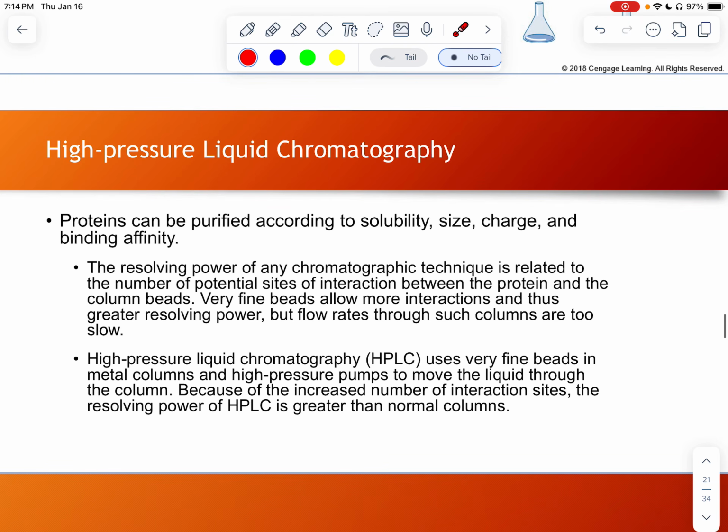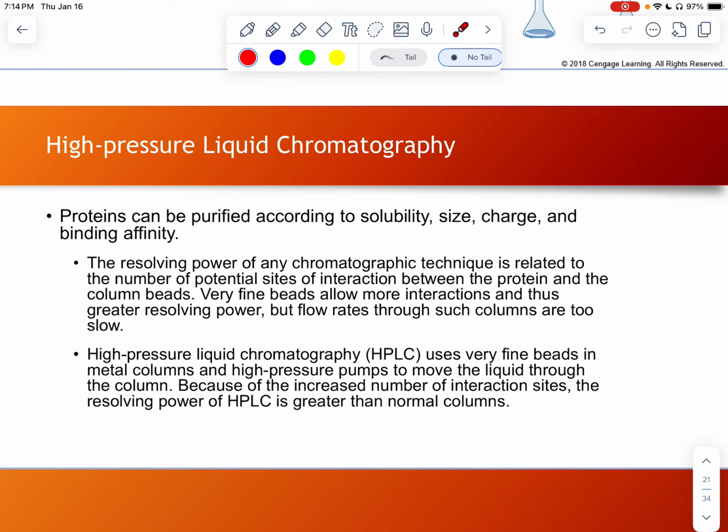All right, last thing, high pressure liquid chromatography. We can use all of these columns, and the resolving power of any of these columns is very much based on the size of the various beads. If you have very fine beads that allow more interactions, then we're going to have more resolving power.